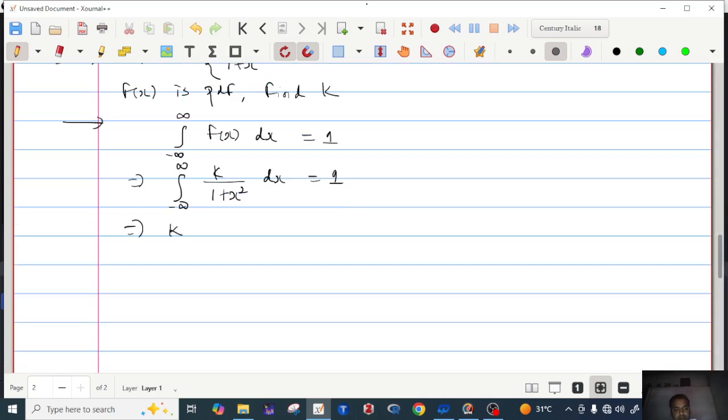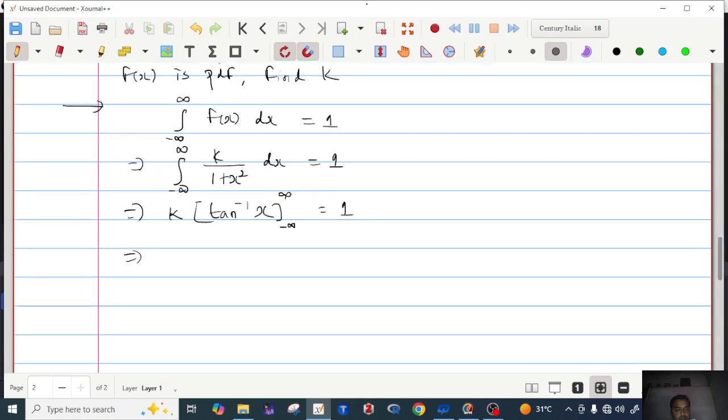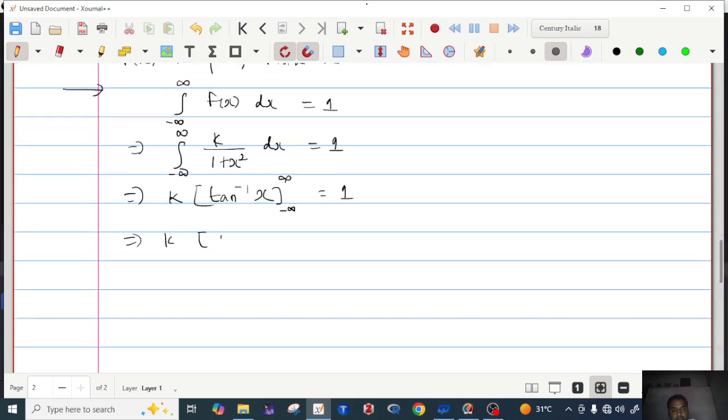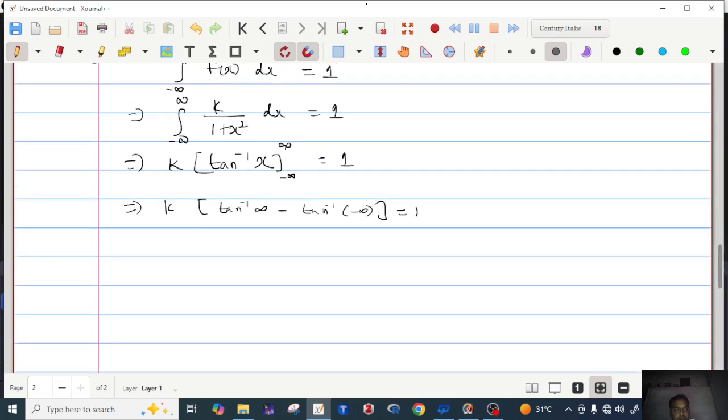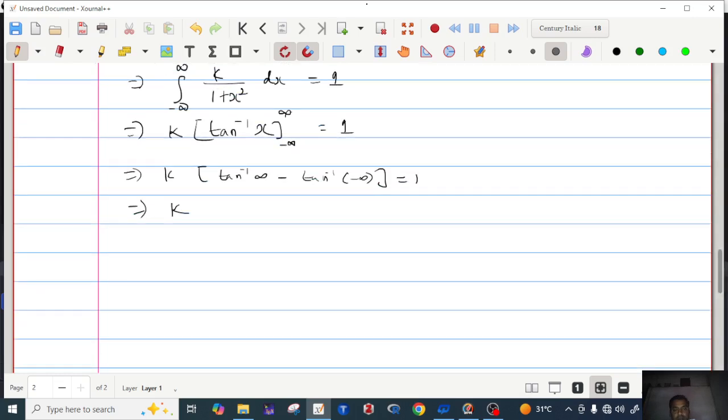Take k outside. We know that the derivative of tan inverse x is 1 upon 1 plus x square. So the integration of 1 upon 1 plus x square is tan inverse x. Put the values: tan inverse of infinity minus tan inverse of minus infinity.